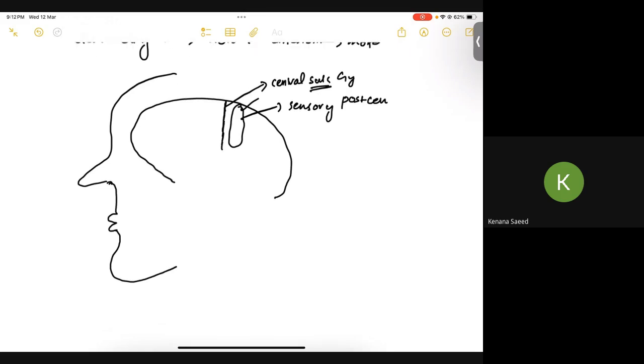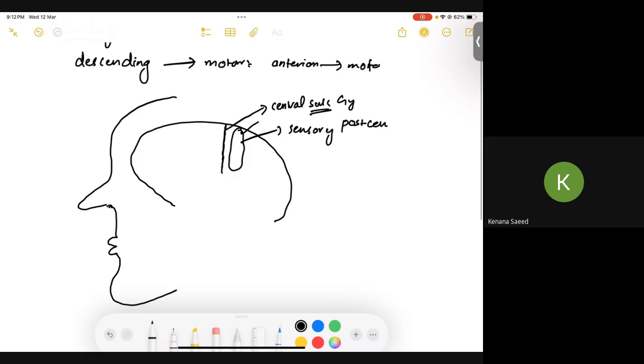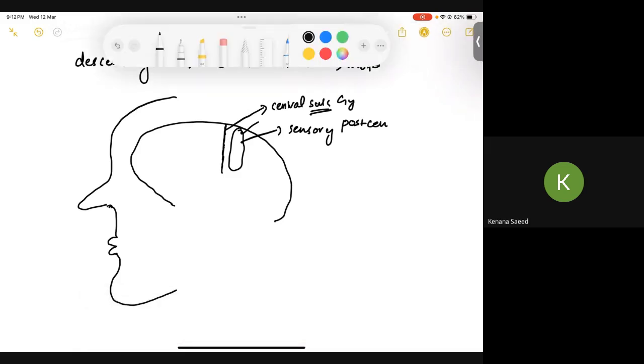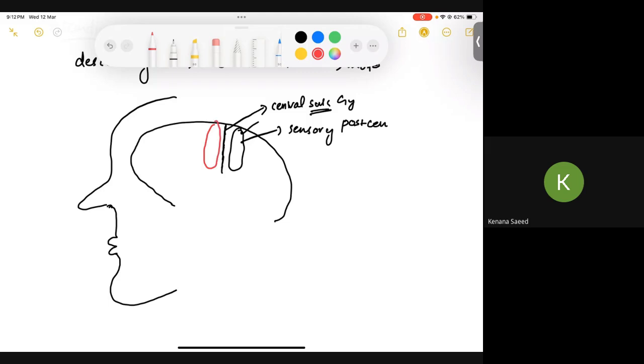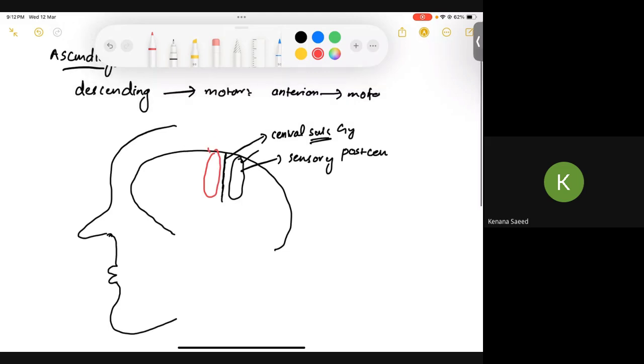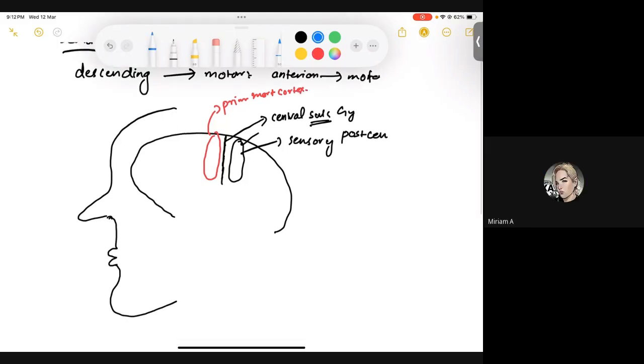Is that clear? Okay. Anterior to this central sulcus, you have an area which is responsible for generating your motor response, right? First of all, right in front of this central sulcus, this area is known as the primary motor cortex, right? Right in front of this primary motor cortex, you have an area here on the top, which is known as the supplementary motor cortex.